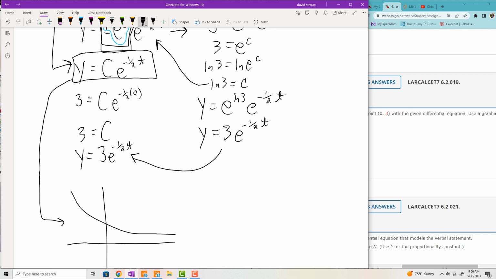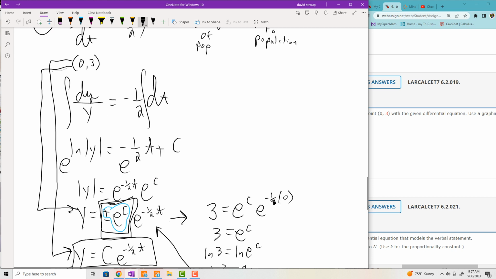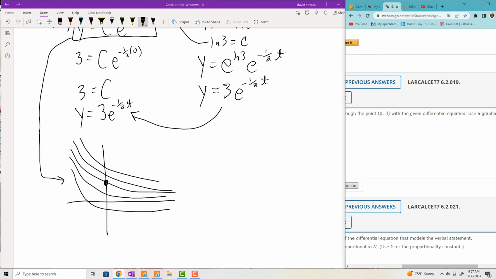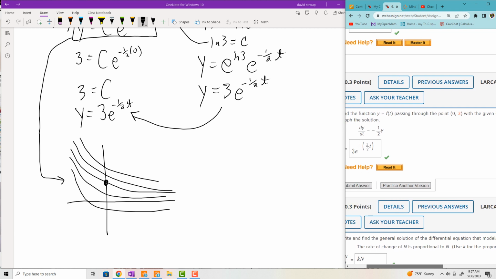That thing in the box, y equals c e to the negative 1/2 t, is a family of curves. Okay? It's a whole bunch of these things. And then when they give you an initial condition, such as (0, 3), you're basically looking for the particular curve that goes through that coordinate.